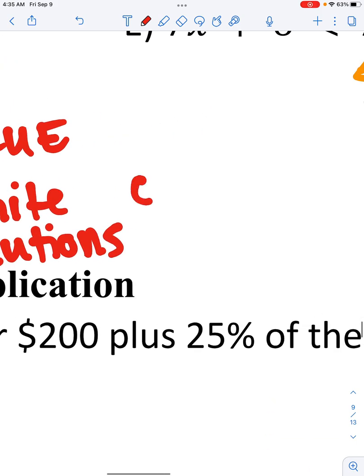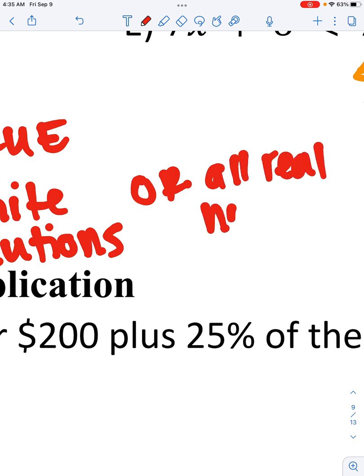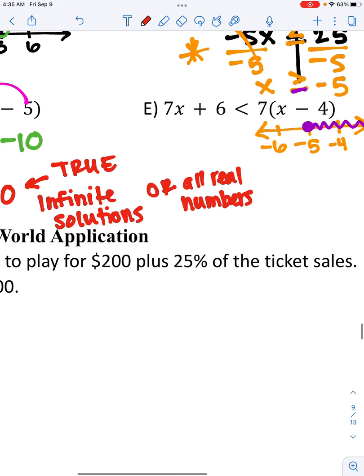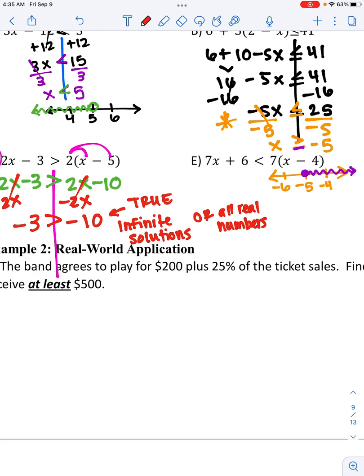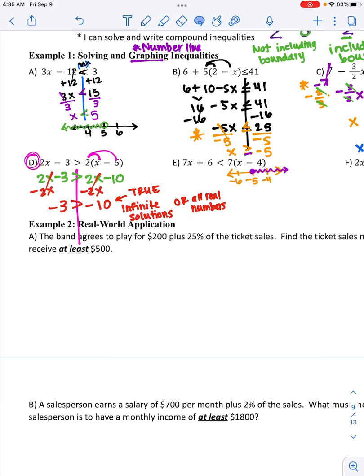Or we might see it written mathematically as all real numbers. You might see it written either way, but it just means any number, positive, negative, decimals, zeros, fractions, they all make it true.